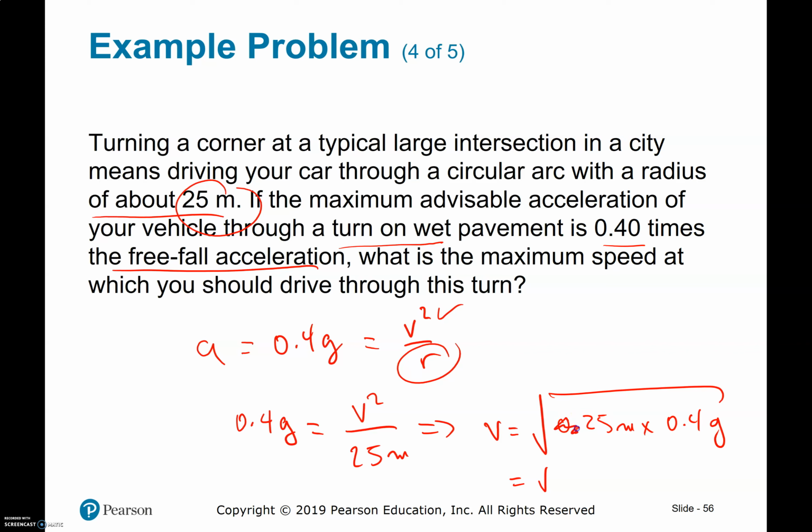So this is 25 meters times 0.4 times g, which is 9.8. That gives me the square root of 98, and this is roughly 10, because 98 is close to 100. So this is roughly 10 meters per second. That is the maximum speed that it is safe for you to drive through that turn.